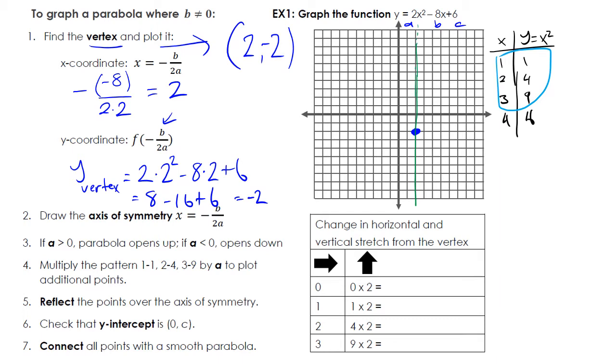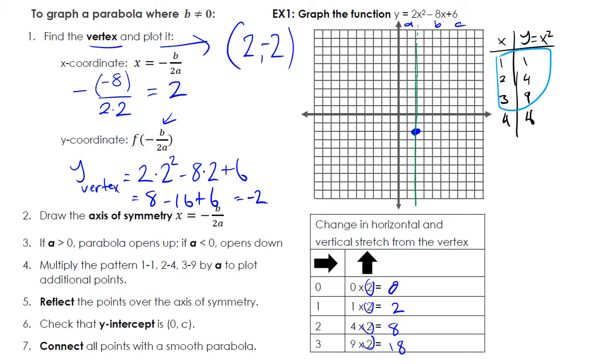The a value in here is 2, so I will multiply each of the y values with 2. So I get 0, 0, 1, 2, 2, 8, 3, 18.